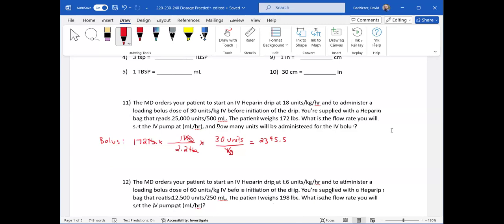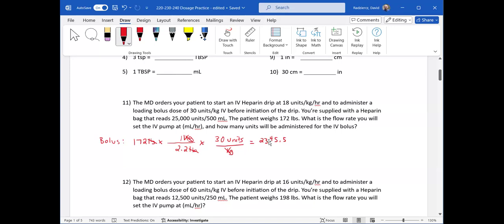So that's what I'm going to try next. I'm going to take 172 divided by 2.2, and then take 78.2 times 30. Okay, and that's where they got the 2346. So you see there can be some discrepancy depending on when you did your rounding.